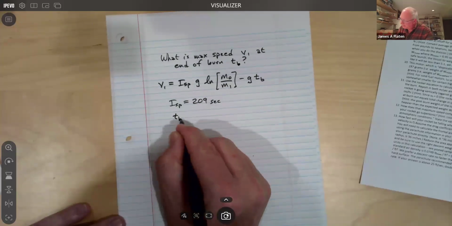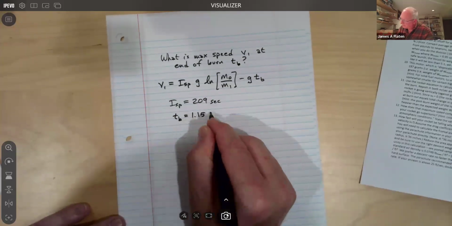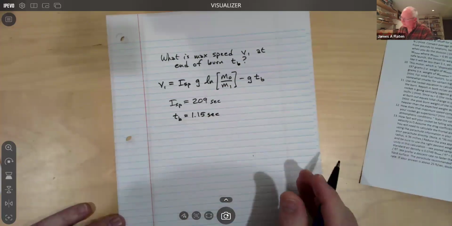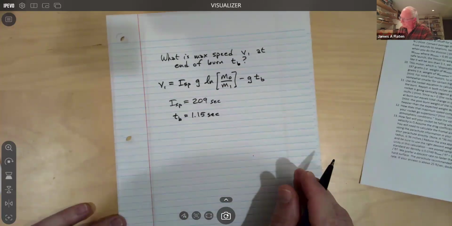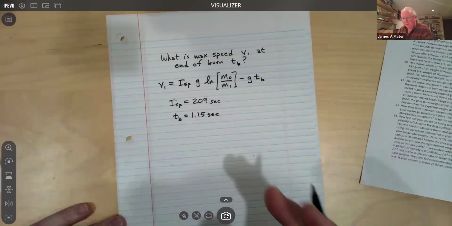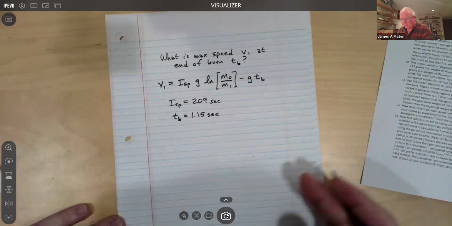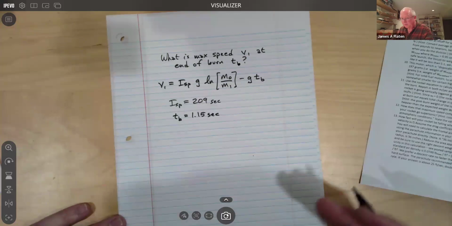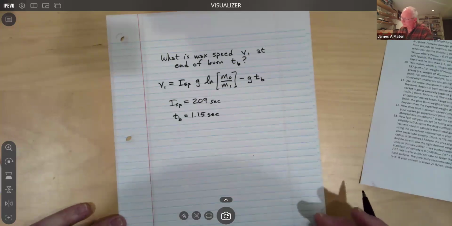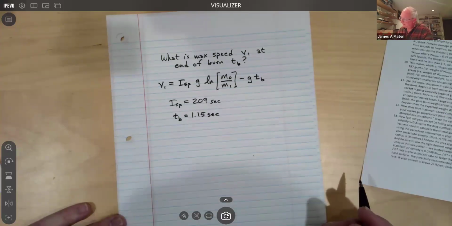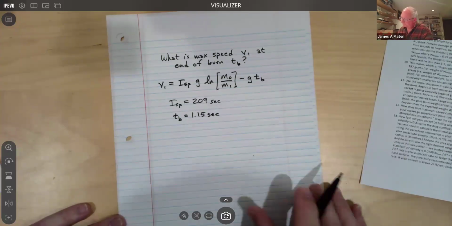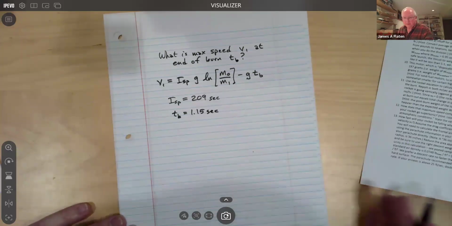TB is 1.15 seconds, from an earlier problem in the same problem set. G could be either 9.8 meters per second squared if I'm doing a metric calculation, or 32.2 feet per second squared if I'm doing a US customary calculation. Fine. Let's do it in US customary.